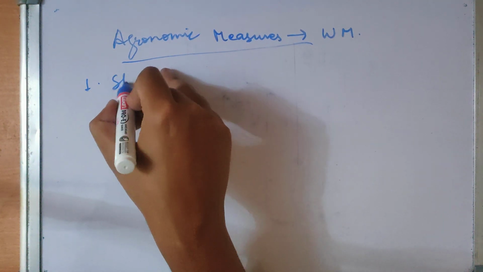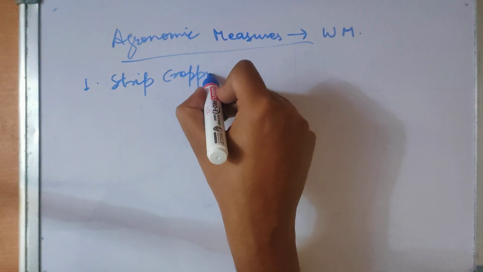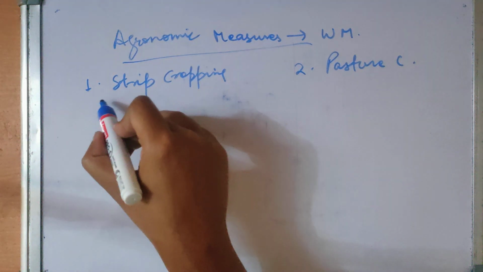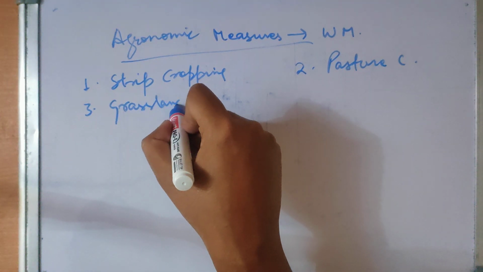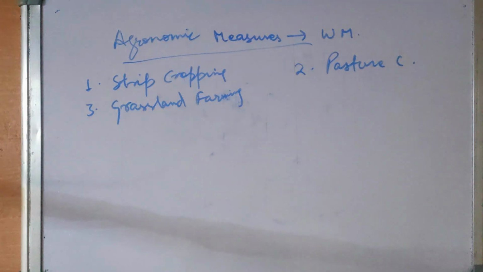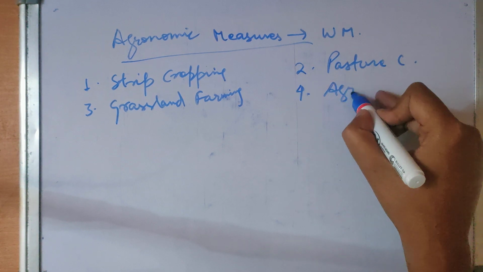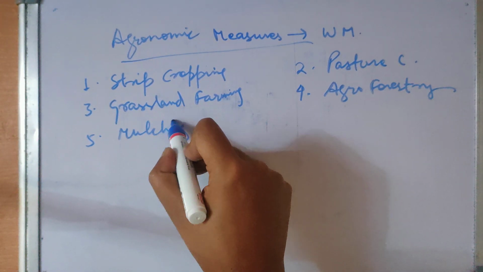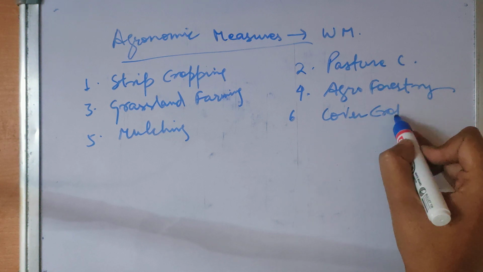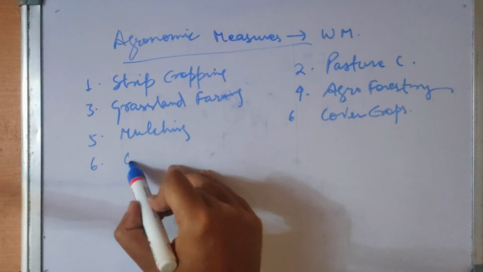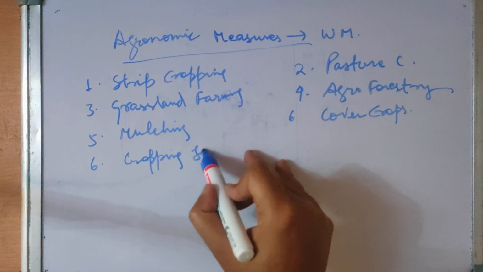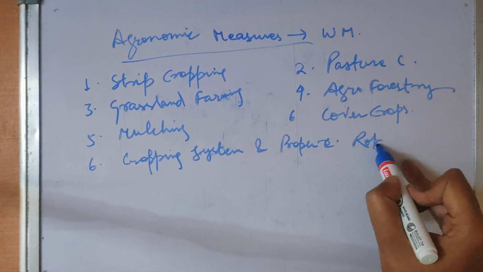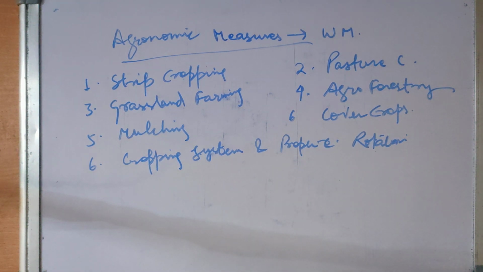First of all is strip cropping, pasture cropping, grassland farming, woodlands and agroforestry, mulching, cover crops, cropping system rotations, efficient cropping systems, and proper crop rotation. So these measures are required to fulfill the objectives of watershed management.